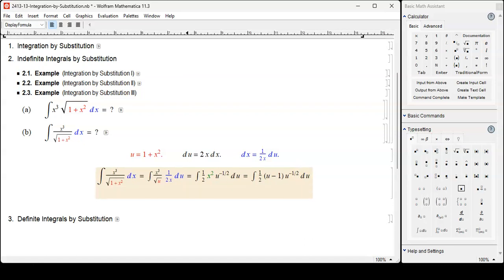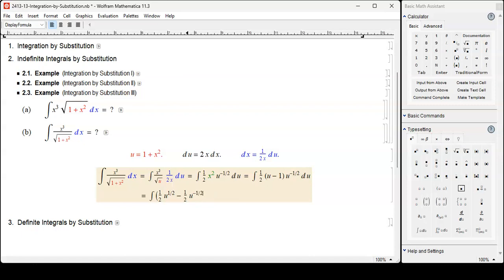Okay, so far so good. And then let's break up. 1/2 u times u to negative 1/2 power. So positive 1/2 power. Distributing 1/2 and then also distributing this u to the negative 1/2 power. Looks like that's what we have here.